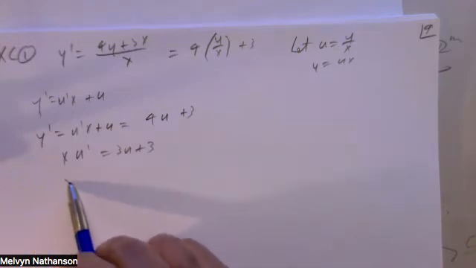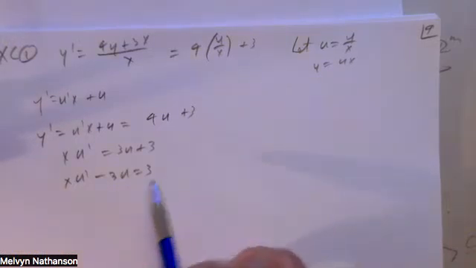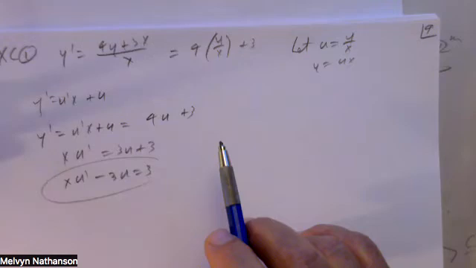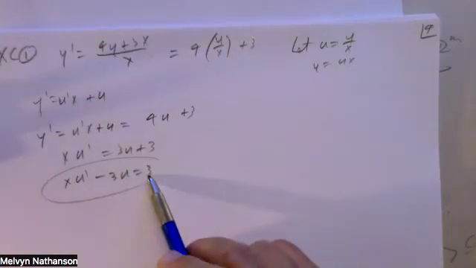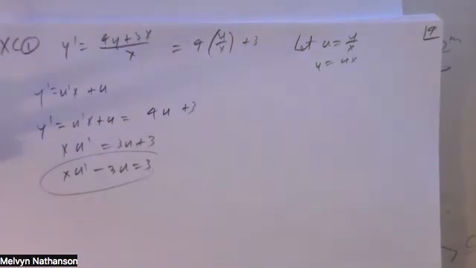Another way of writing this is just xu prime minus 3u equals 3. So we actually solved this equation in part 2, except with a 6. Instead of 3, we had minus 6. So there's no reason to go through it again.